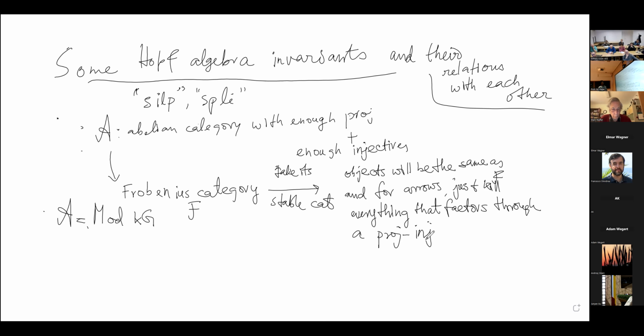So if A is the category of all modules for a group algebra, now what is G?